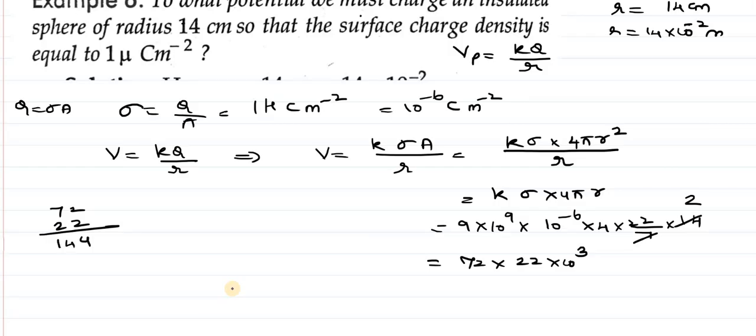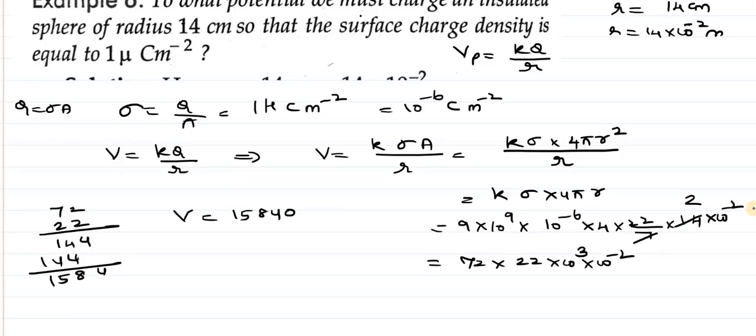Correct? 1584. Here I think somewhere 14 into 10 to the power minus 2. Correct? So it will be clear, all of you? Any doubt? Diya, is it clear?